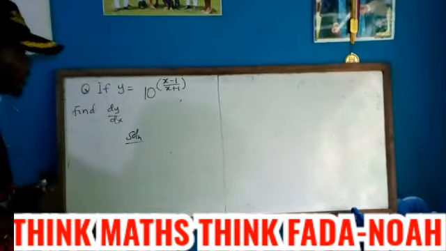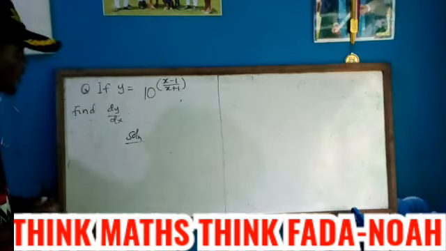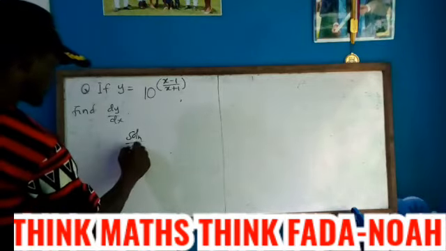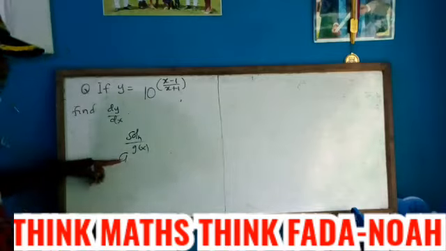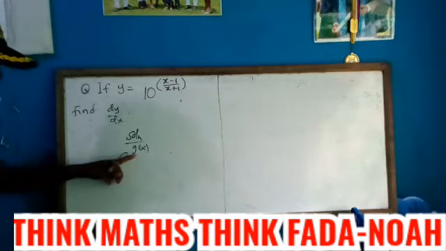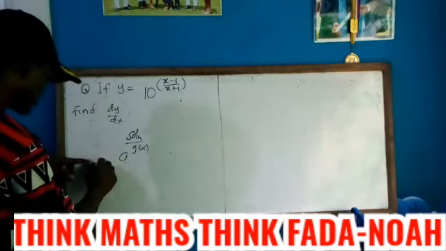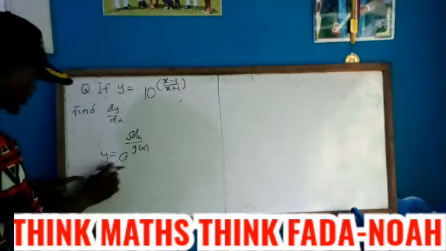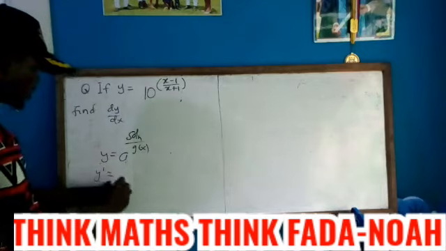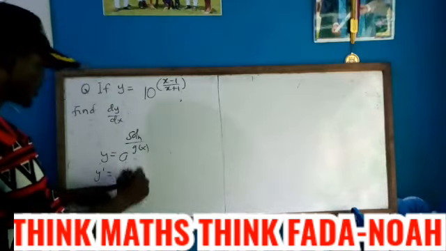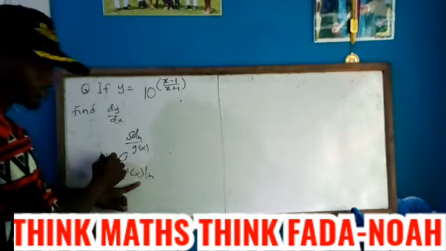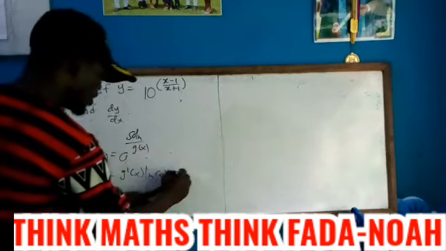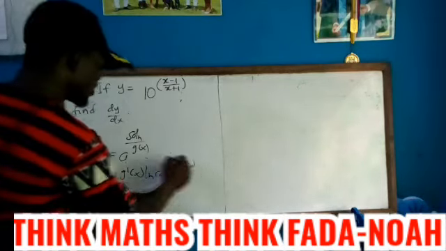So this one, there's a rule that we have to apply over here. If you have a constant a to the power g of x, the derivative of this one is written as: if y equals a exponent g of x, the derivative y prime is equal to g prime of x, then you write ln of the base, which is a, times the original function, which is a exponent g of x.